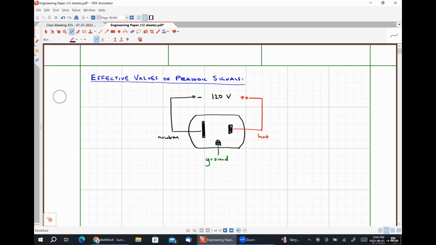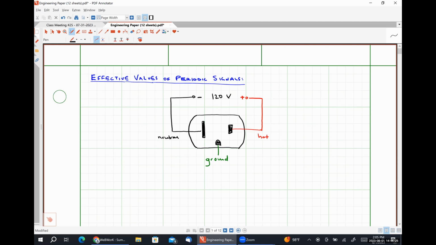So let me ask you a slightly different question. Is electricity distributed as AC voltages or DC voltages here in the United States? From the power plant to our houses, it is AC. To some of our devices, it is converted from AC to DC using what's called a rectifier.